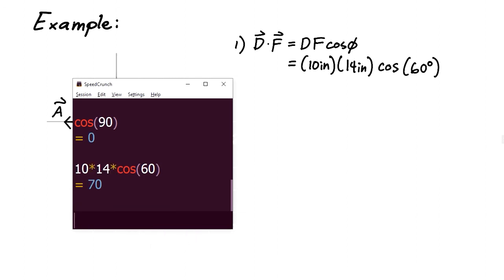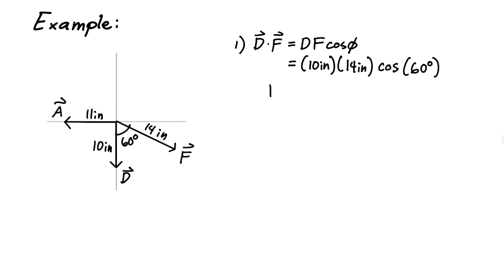So, you should get 70. Therefore, D dot F is equal to 70. Now, the unit, may isa kang inches dito, may isa ka ding inches dito, so that should be inches squared. Okay, so this will be the dot product of D and F.